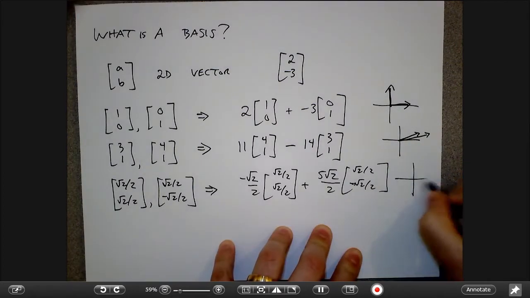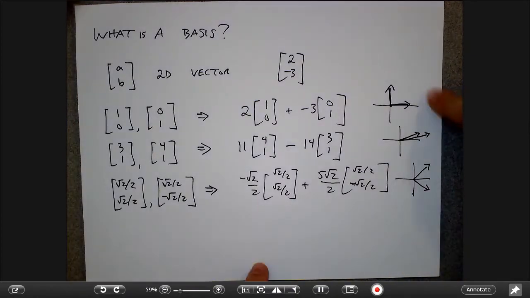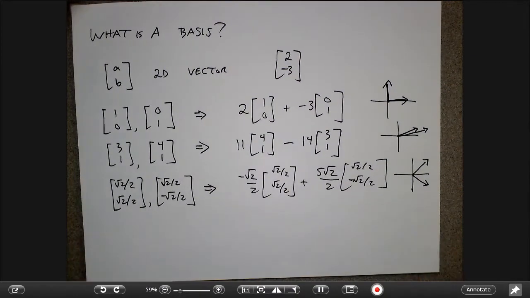And in this case, I've got a vector like this and a vector like this. You can see that in the first case and the third case, all I'm really doing is rotating the coordinate system.